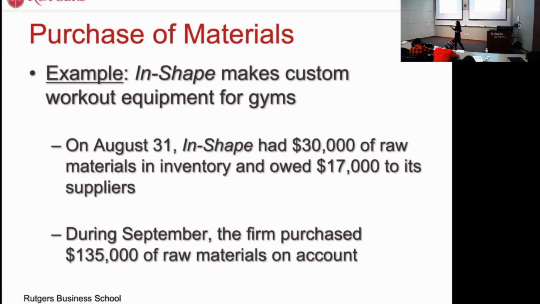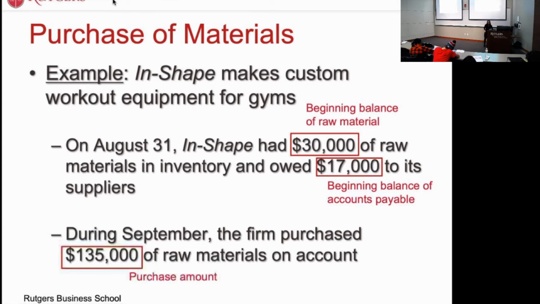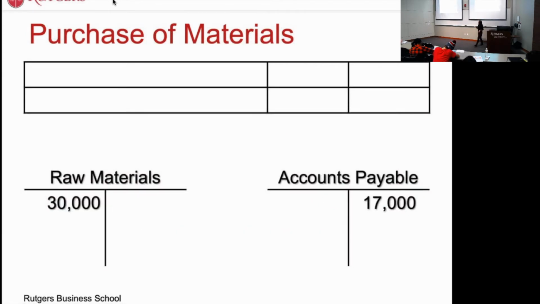So here, before we do the journal entry, we can put some information on this T account. For the raw material, at the beginning of September, we have some beginning balance, which is left from August.